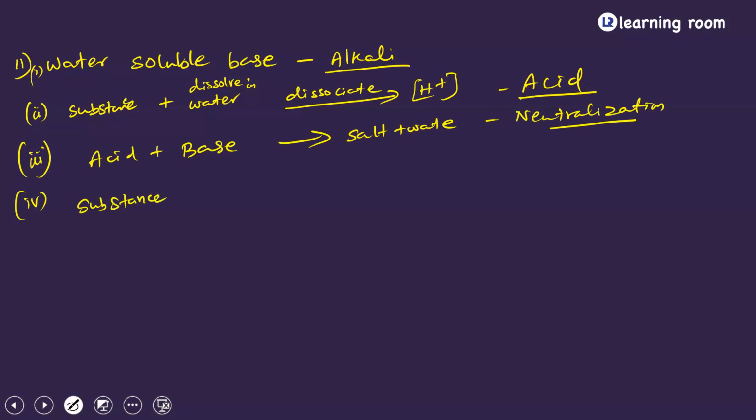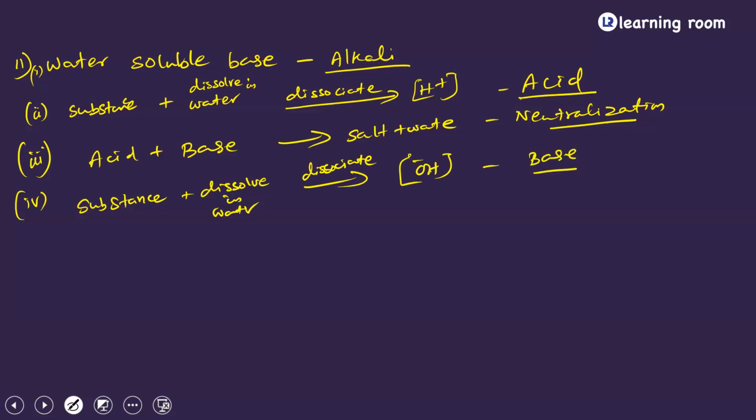A substance dissolved in water and dissociates into OH minus ion, it becomes base.